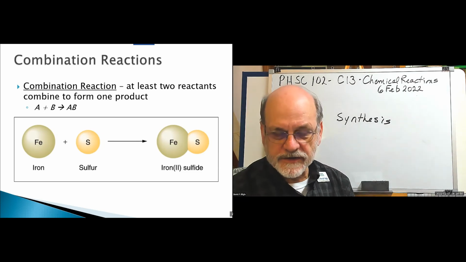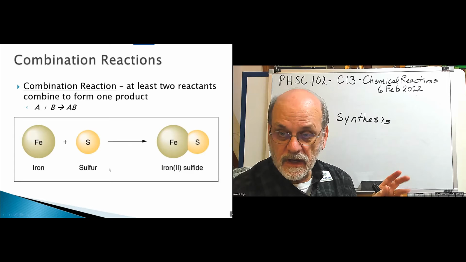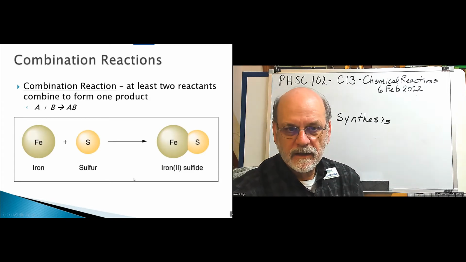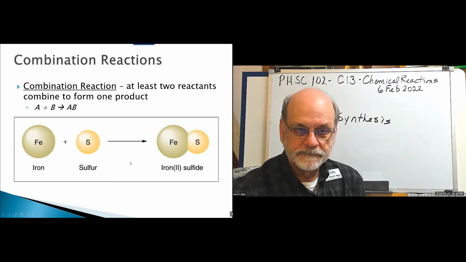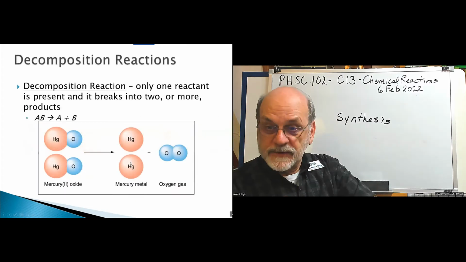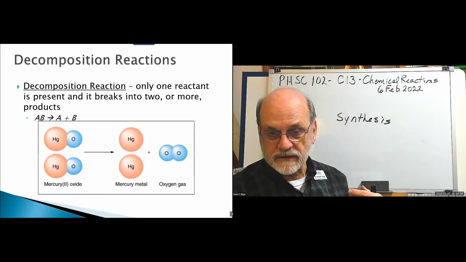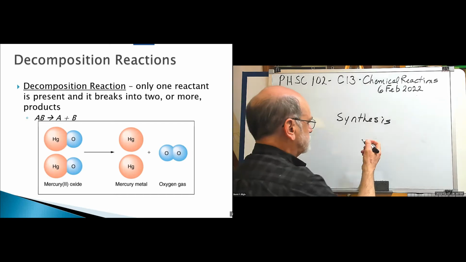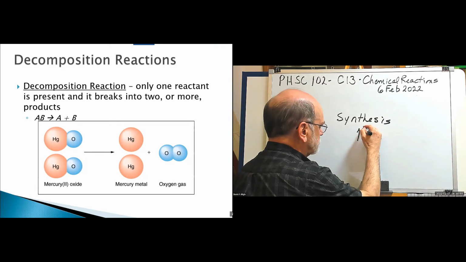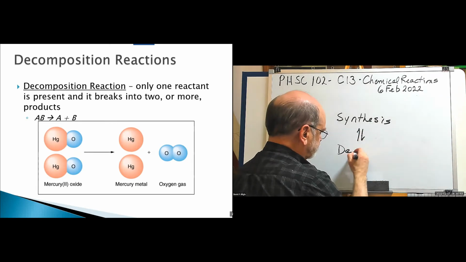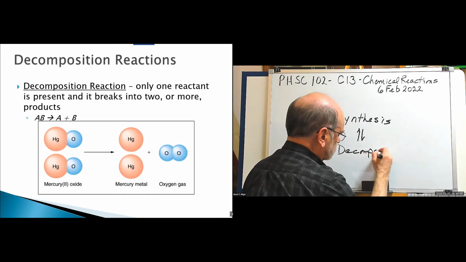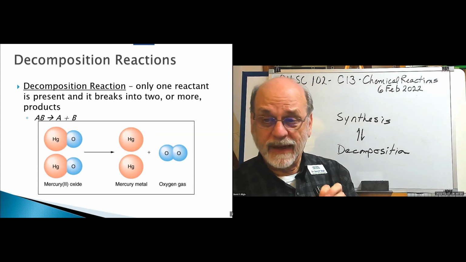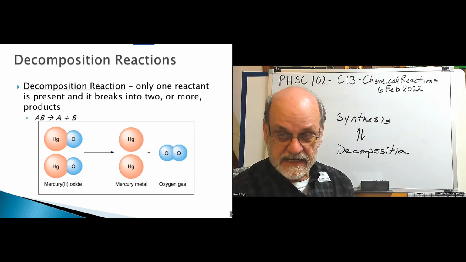A combination reaction is a synthesis in which 2 or more elements combine together into a compound. Just the opposite, go the other direction, is a decomposition. You take a compound and break it into elements, that's a decomposition.